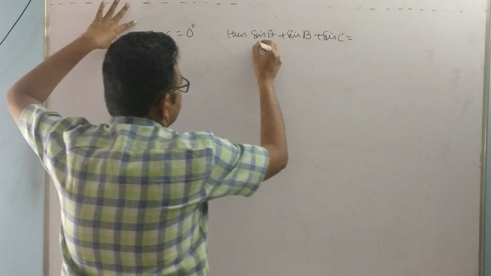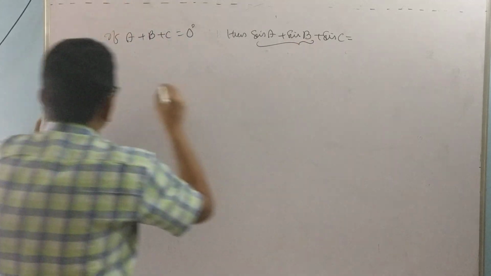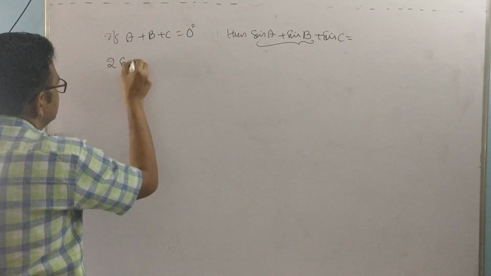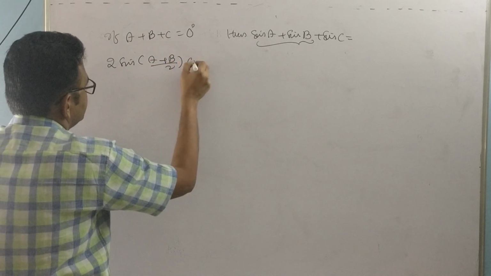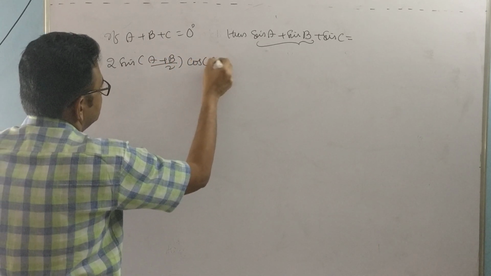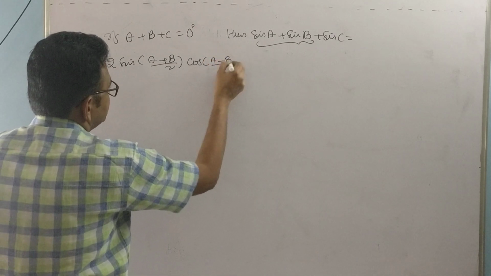Now, using the sin C plus sin D formula, that is 2 sin of (a plus b) by 2 into cos of (a minus b) by 2.